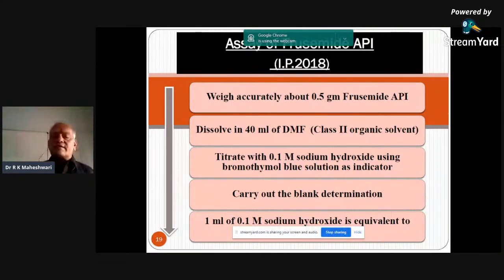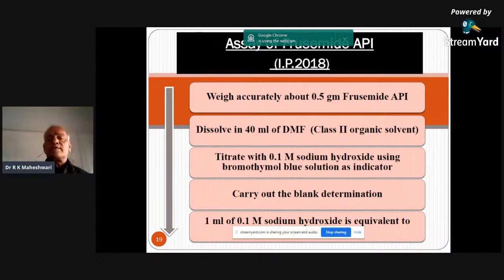So from the point of view of students, I would like to tell you what this blank determination is. You will have to take 40 ml of dimethyl formamide in a conical flask. You will have to add a few drops of bromothymol blue, and then you will have to use the alkali solution. How much alkali solution is required for color change? Suppose it is 1 ml. So this 1 ml has been consumed by DMF for color change.